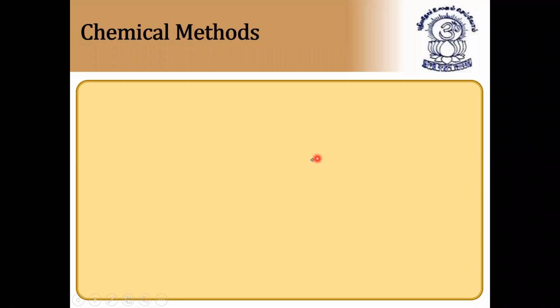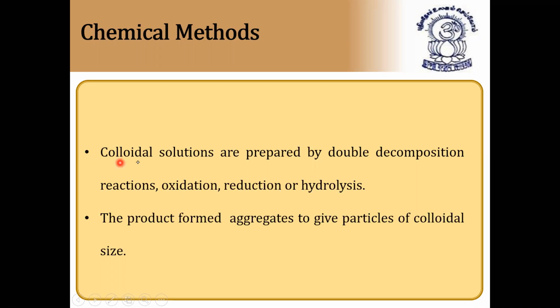Next, chemical methods. Colloidal solutions are prepared by double decomposition reactions, oxidation, reduction, or hydrolysis. We can prepare colloidal solution using suitable reagents by means of these reactions. Hydrolysis means addition of water. The product formed aggregates.